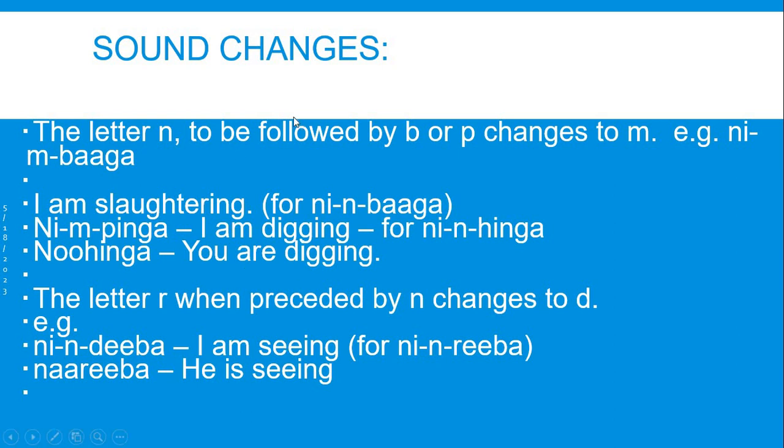Now, the sound changes. In Runyankole, we say when the letter N is followed by B or P, it changes to M. Like this one: I'm slaughtering.